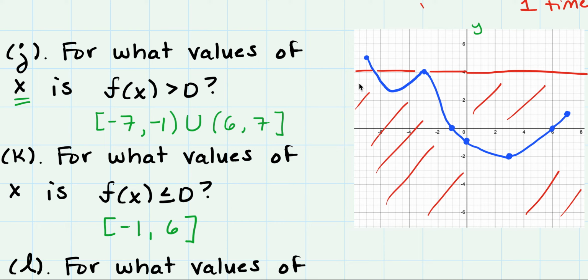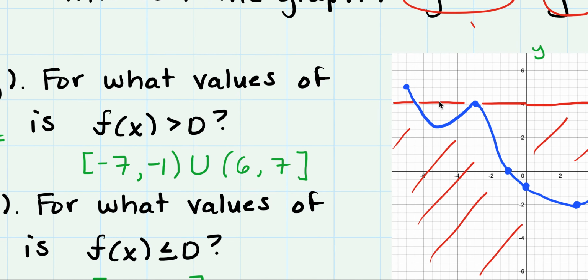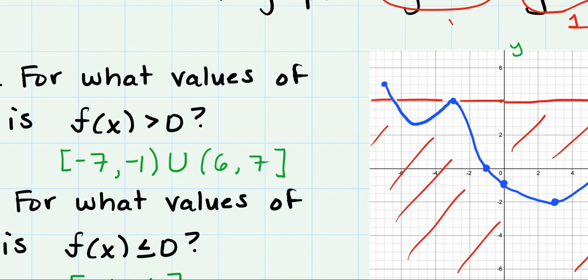Okay, we start with the leftmost number. Our domain goes all the way out to negative 7, but you can see that at negative 7 we're above the line y equals 4, all the way to here. Now this point, I haven't colored in my graph, but we're going to make a guesstimate.